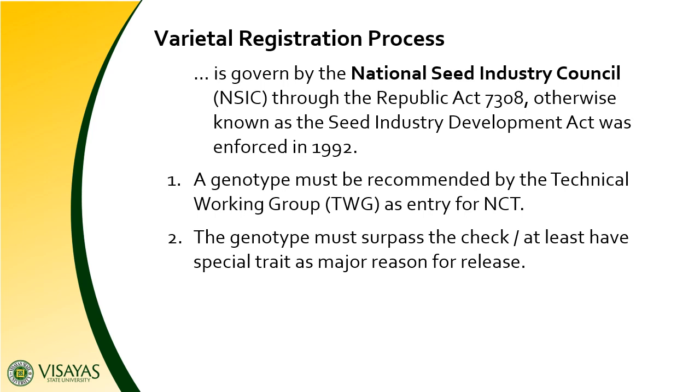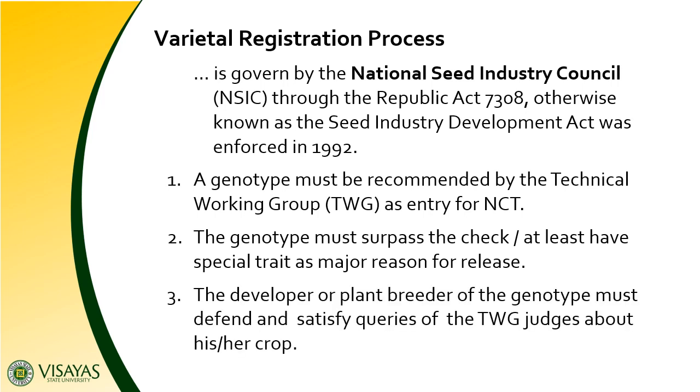It must at least surpass the check, or if it cannot, your variety must have a special trait that is a justifiable reason for the release. Next, the developer or the plant breeder of the genotype must defend and satisfy the queries of the technical working group judges about his or her crop.